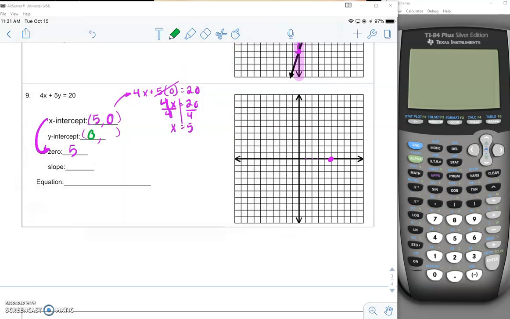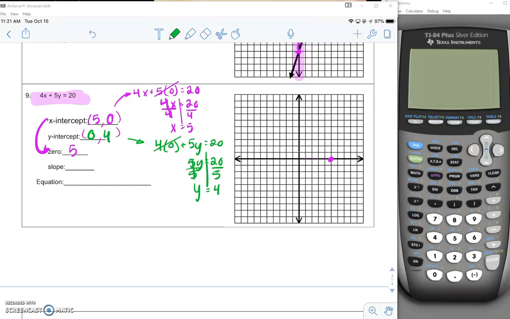For a y-intercept, we know that x is 0. So anywhere I see x in my equation, same equation from the beginning, I can put 0. So 4 times x, 4 times 0, plus 5y is equal to 20. 4 times 0 is 0. 5y equals 20. I can divide to solve for y. And I get that y is equal to 4.